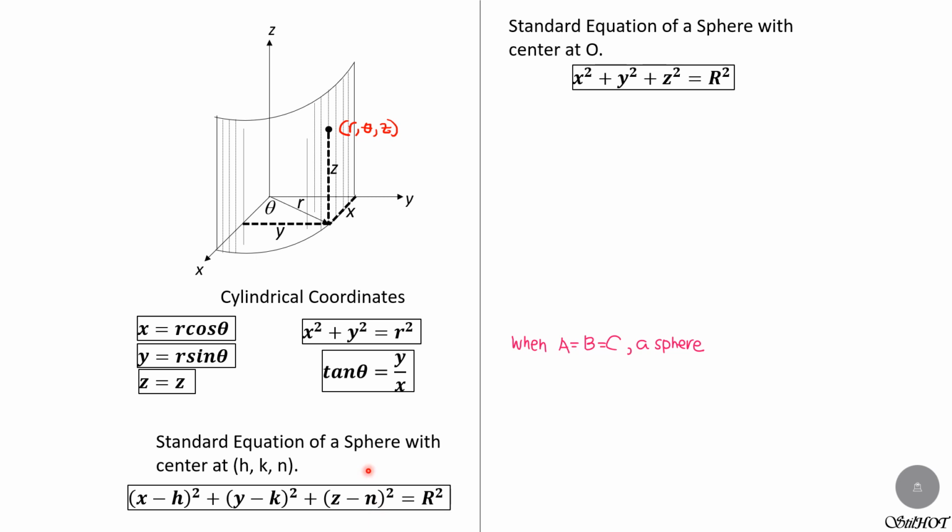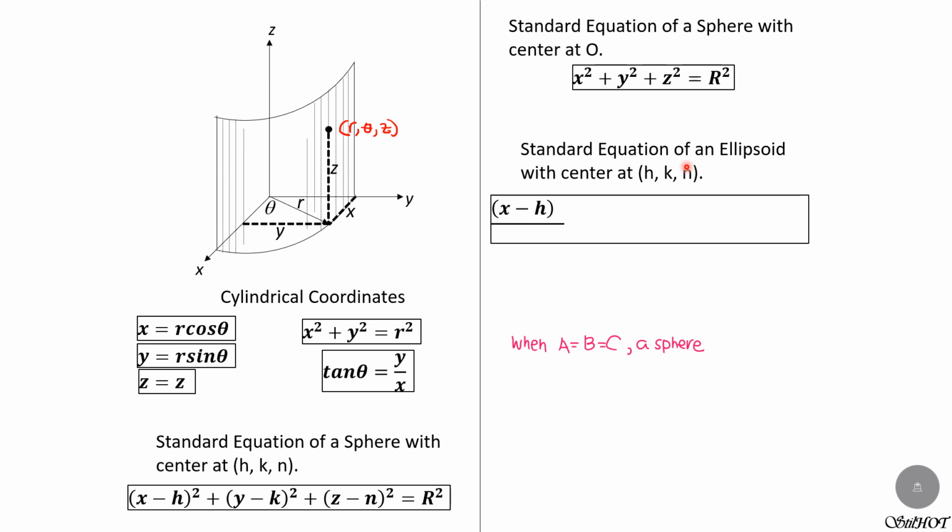For the standard equation of an ellipsoid with center at (h, k, n), remember that for an ellipse, it was x minus h quantity squared over a squared plus y minus k quantity squared over b squared equals 1. For an ellipsoid, we extend that to z, and let us call the third radius c. So x minus h squared over a squared plus y minus k squared over b squared plus z minus n squared over c squared equals 1.